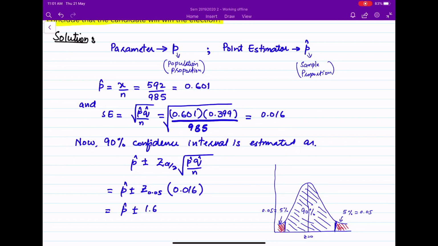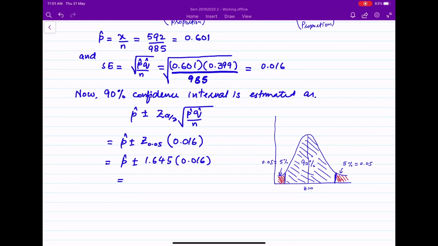We find that z for 0.05 is equal to 1.645, and we multiply it with 0.016. Now we insert the value of p hat, which is 0.601, plus minus 1.645 times 0.016, which is equal to 0.026.